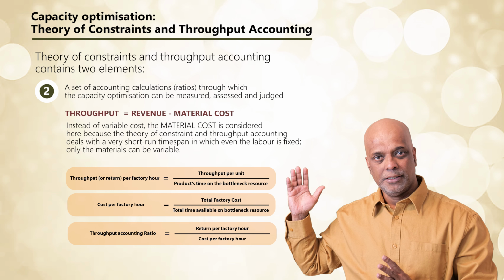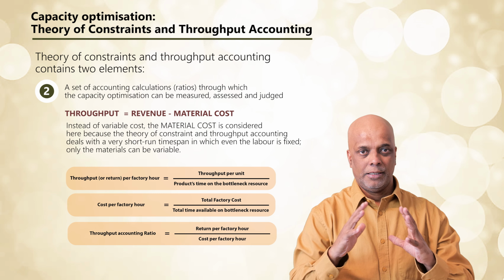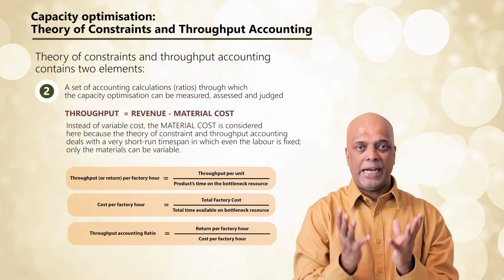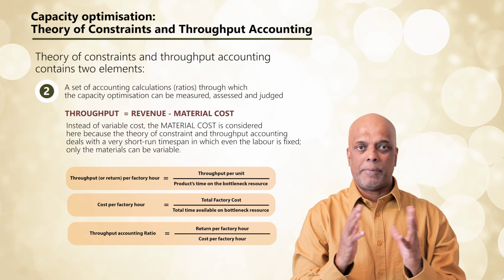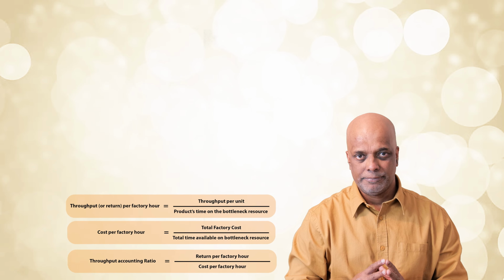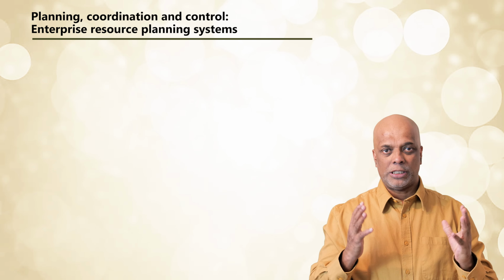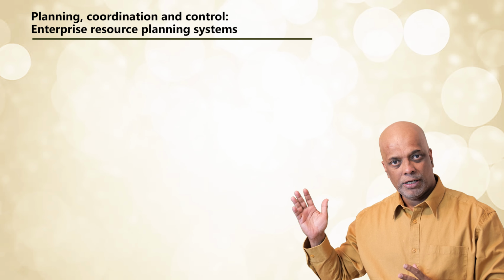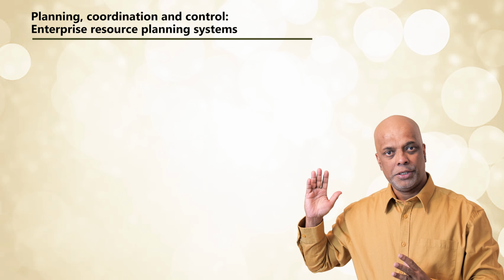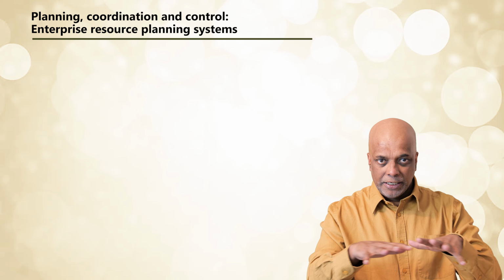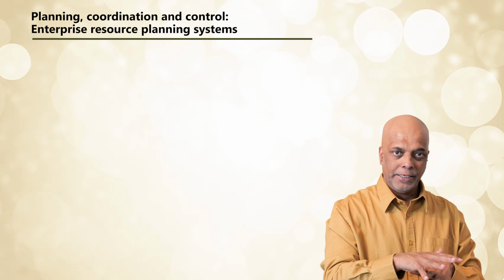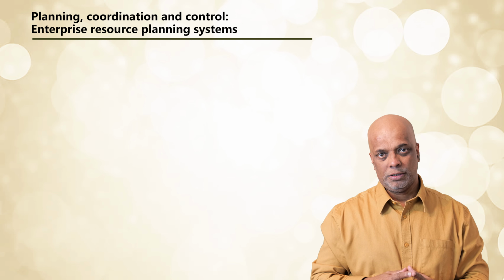So that is one of the popular concepts and ideas in strategic management accounting relevant to capacity optimization. Sixth, or the last element of our strategic cost management framework, is the enterprise level planning, coordination, and control.